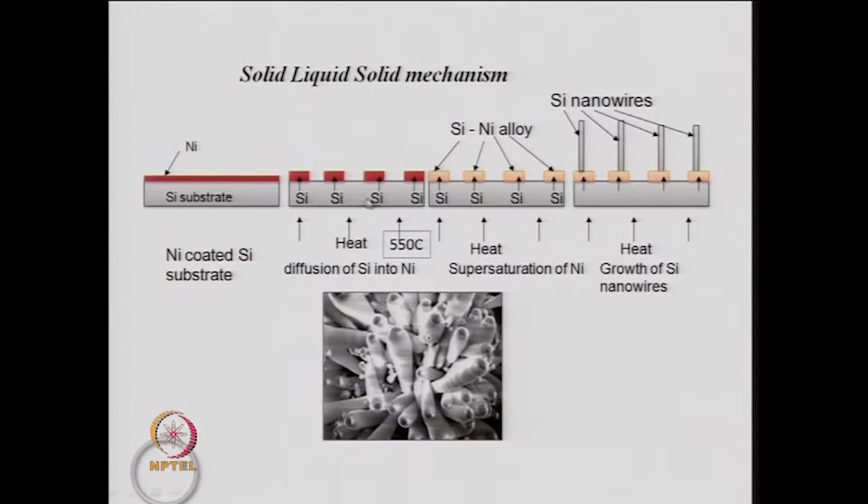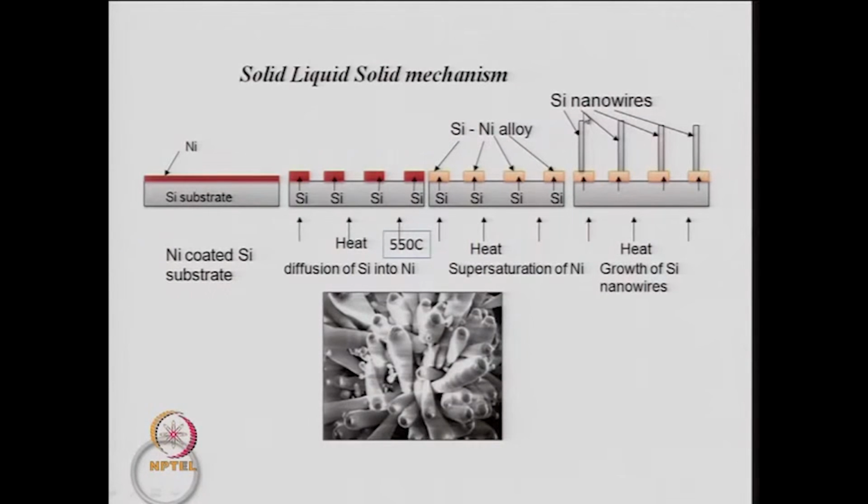When you heat this system, the silicon will start diffusing into the nickel. So, soon when silicon goes into nickel from the substrate to these places, you will no more have pure nickel, but you will have silicon nickel alloy. And when the quantity of silicon becomes larger than a critical concentration in the nickel, then the growth of silicon nanowires will start.